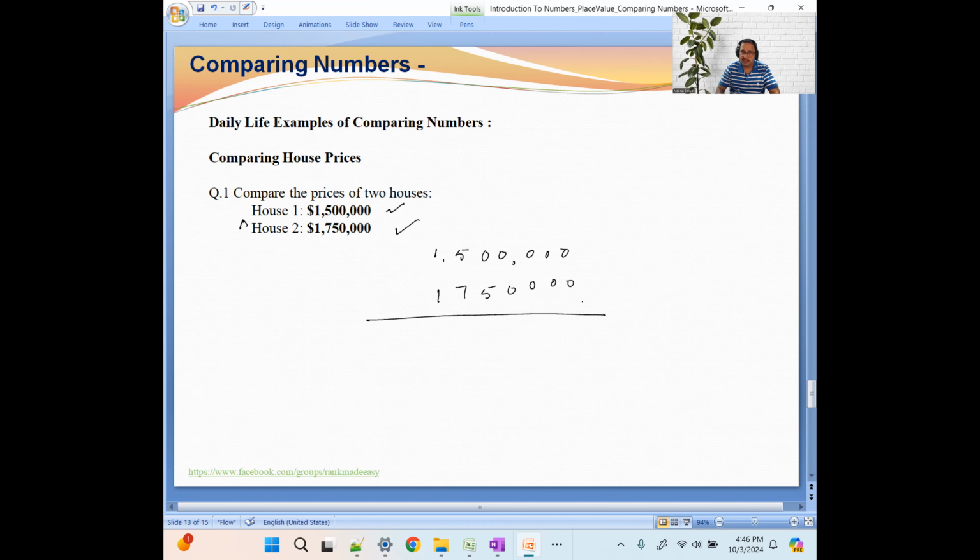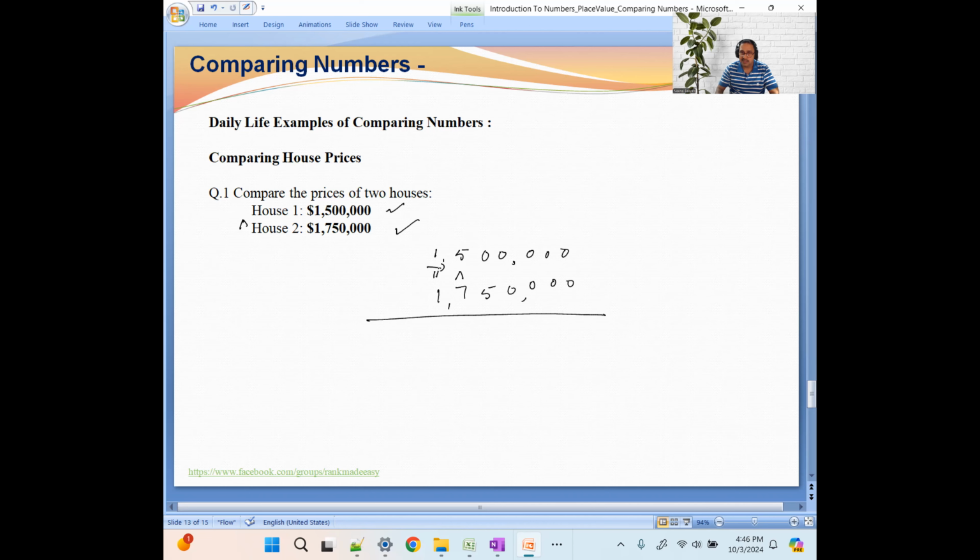How do we do the comparison if both numbers have equal digits? If you remember, we have to move to the leftmost side, the biggest place value digit, and compare them. The leftmost digit is the same in the first number and second number. So you have to move to the right side. The next right side digit in the second number is 7 and in the first number is 5.